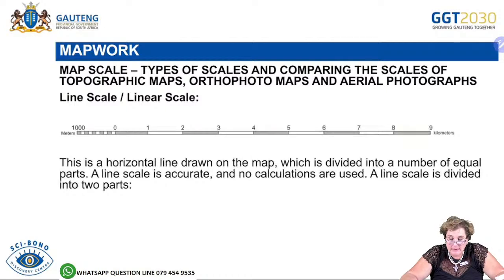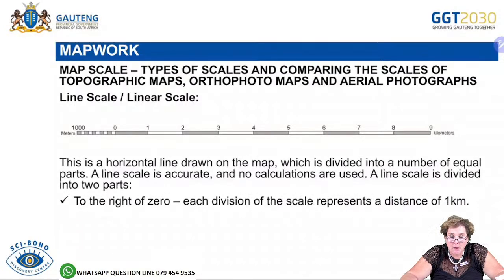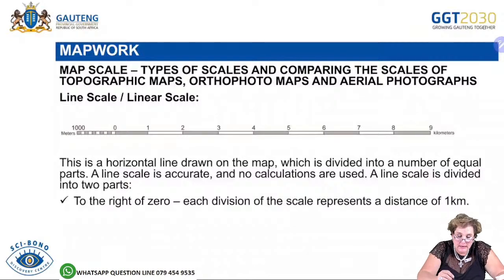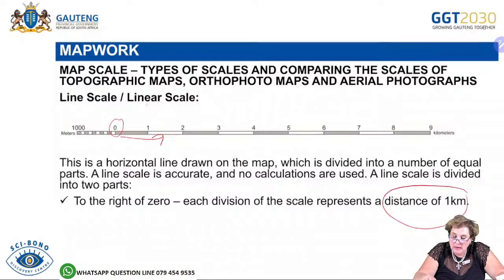The line scale is then divided into two parts. To the right of 0, each division is a distance of 1 kilometer. So there is 1 kilometer, 2 kilometers, 3 kilometers, etc. Here you can see it's also written there.